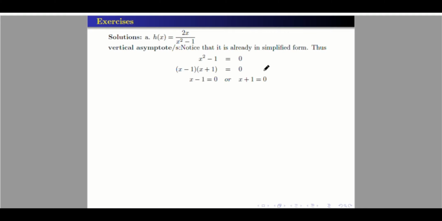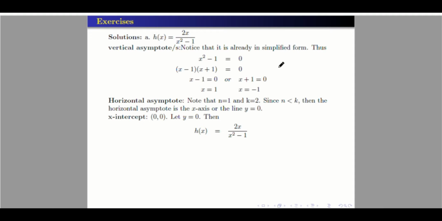The denominator is x squared minus 1, so x minus 1 equals 0 or x plus 1 equals 0. So x equals 1 or x equals negative 1. These two are our vertical asymptotes. I repeat, just factor the denominator or find the zeros of the denominator of the simplified form.